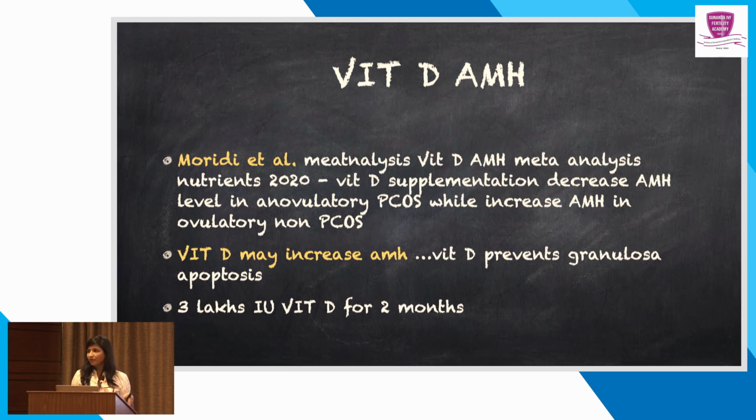So in our clinical practice, it goes into our prescription, whether it is a low response or low ovarian reserve patient or a PCOS lady. So 3 lakh units of vitamin D over 2 months, or you can simply take 60,000 IU every week for 8 doses, that will suffice.